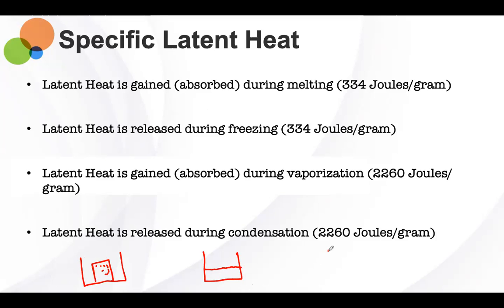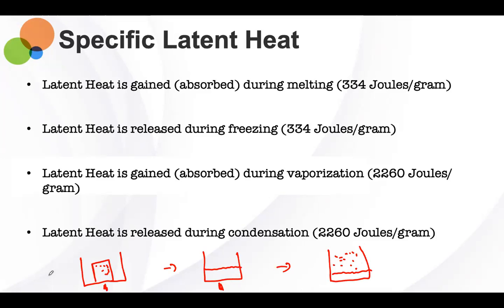And then for the final one, the particles would spread out from the liquid state, right? So they would spread out from that central block. So heat is gained. When we apply heat, we get a liquid, and when we apply heat again, we get a gas.